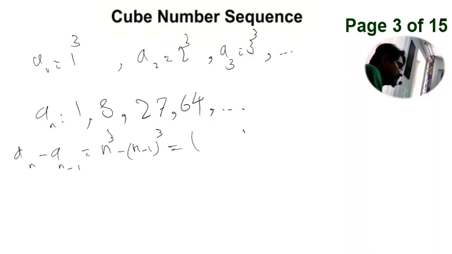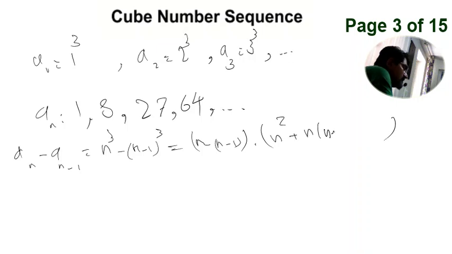We have by decomposition n minus 1 n square plus n dot n minus 1 plus n minus 1 square.